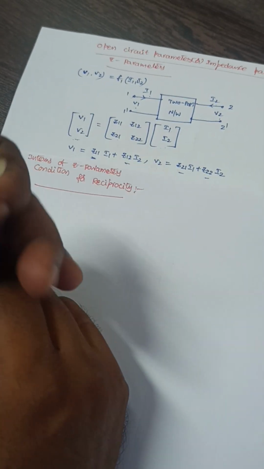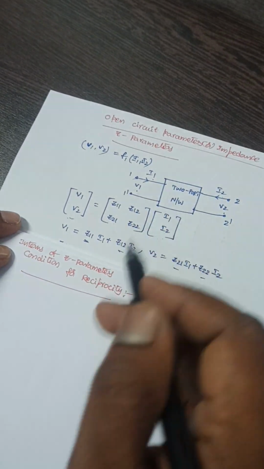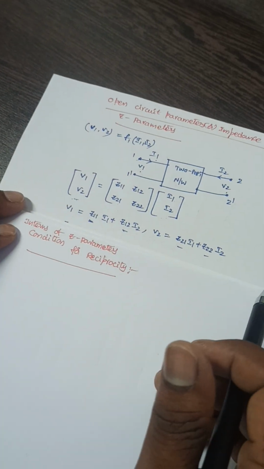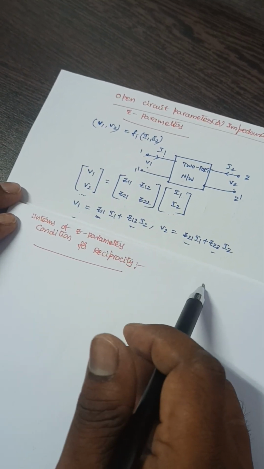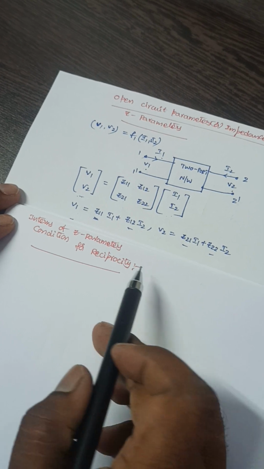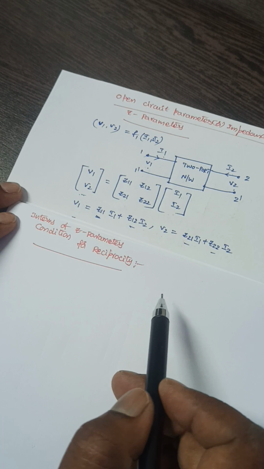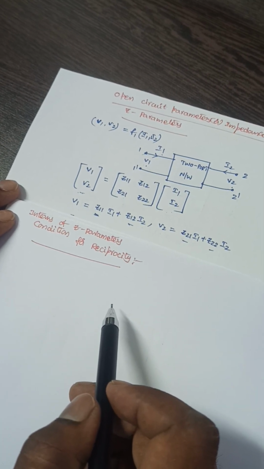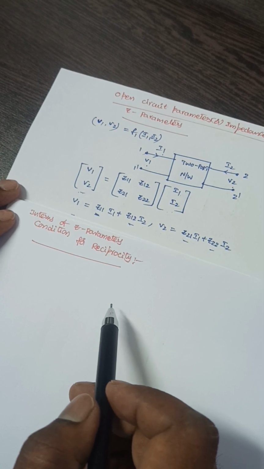The network is said to be reciprocal if the ratio of response at one port to the excitation at the other port is the same even when the response and excitation are interchanged.